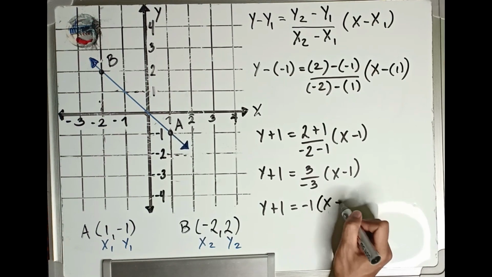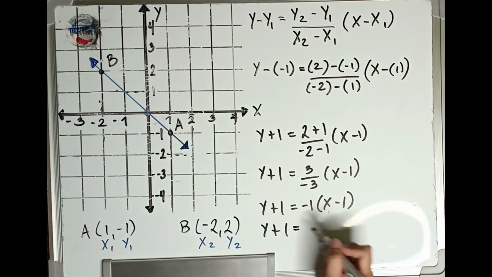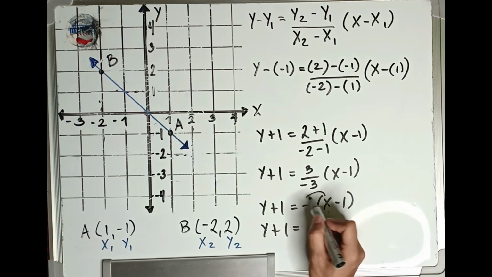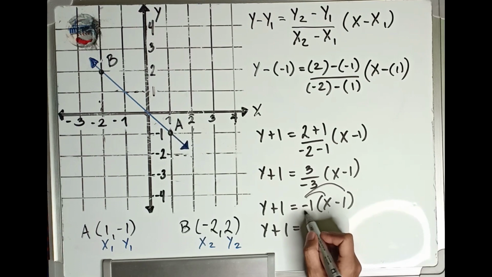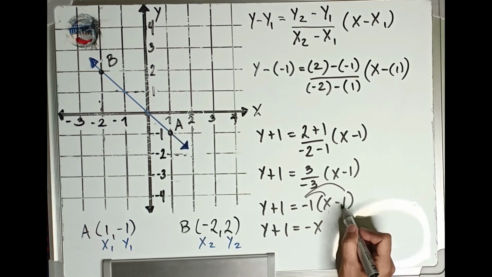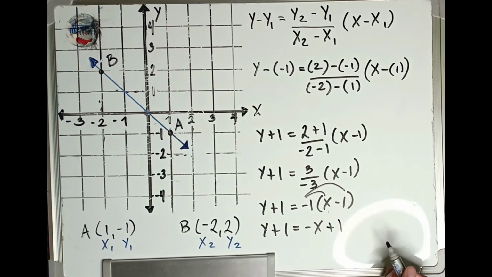times x minus 1. So, y plus 1 is equal to negative 1 will be distributed to x and negative 1. So, negative 1 times x is negative x. Negative 1 times negative 1 is positive 1.